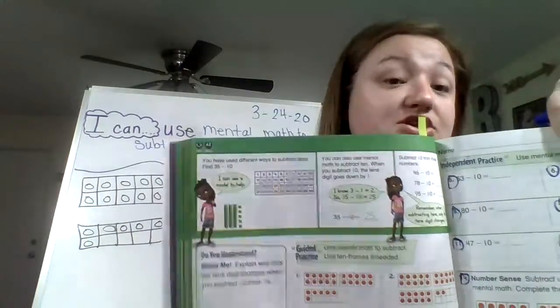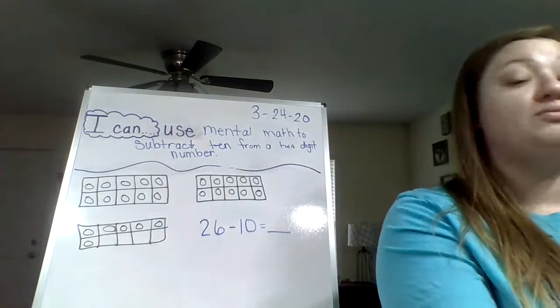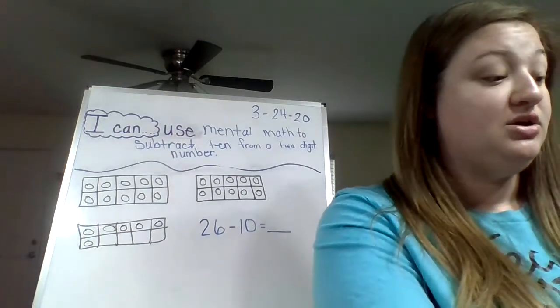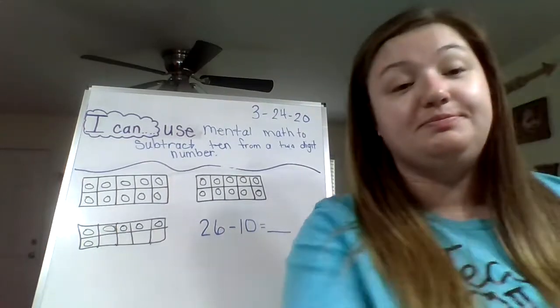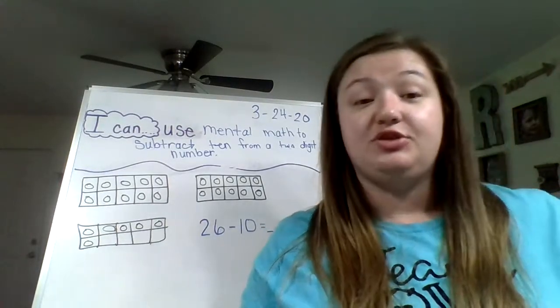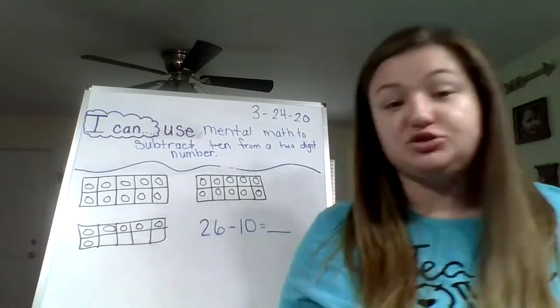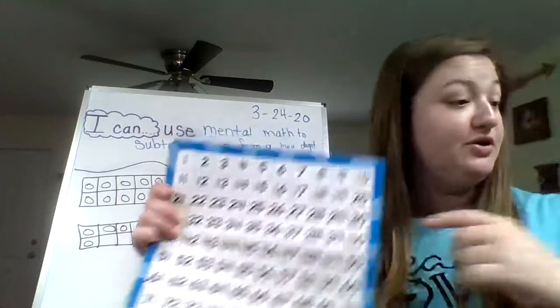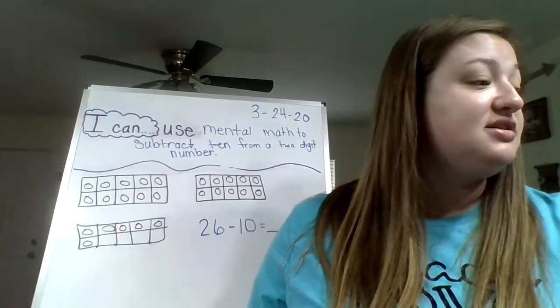If you printed the sheets out or you're looking at the PDF of our work for today, you should have that sheet. They have shown you place value blocks, and there's also a partial hundreds chart on there as well. And it says you have used different ways to subtract tens.